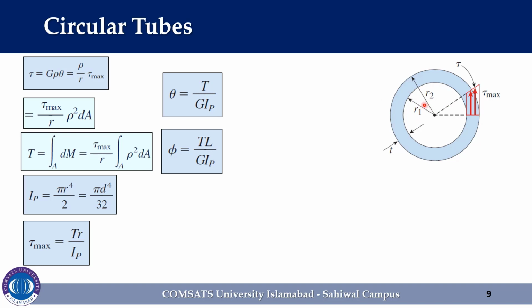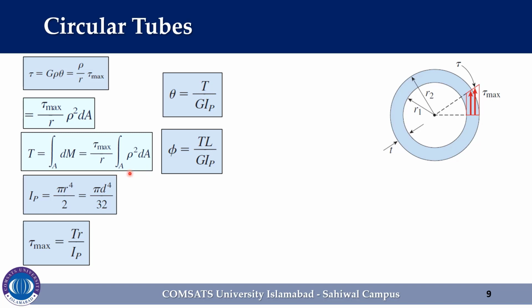However, the relationship between the torque T and the maximum stress is given by the equation of torque, that is, T is equal to the integral of dM, or we can also express this equation as tau max over R times the integral of rho squared dA. This equation was already discussed in previous sections in detail.